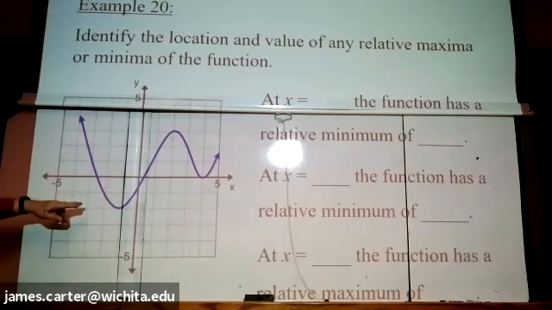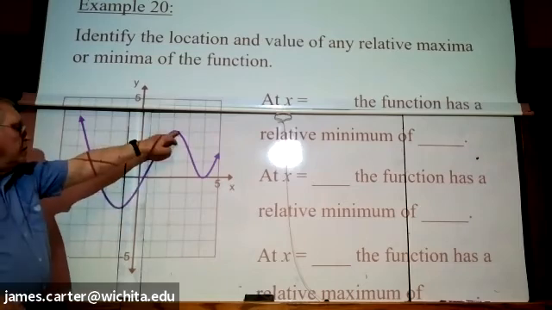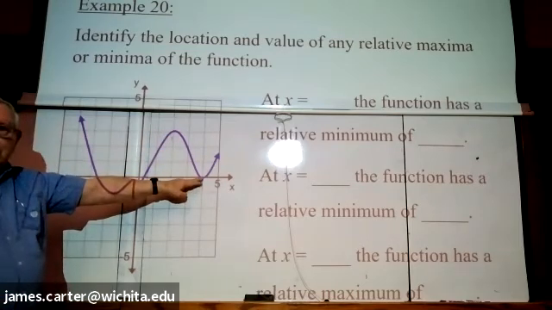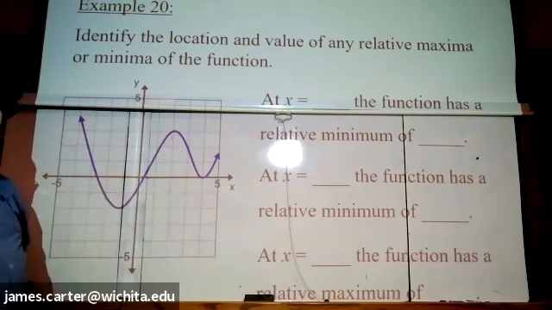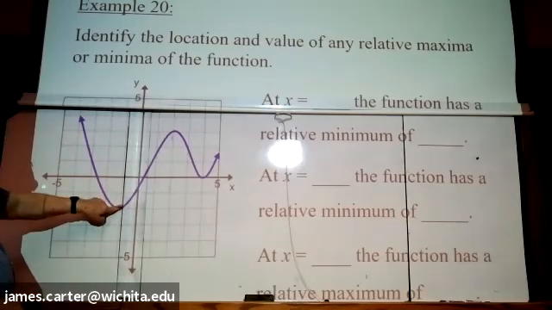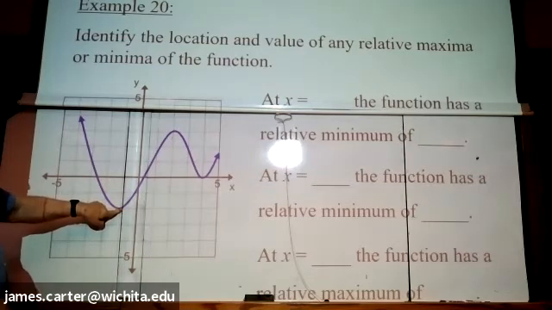Okay, we've got a relative minimum here, a relative maximum there, and a second relative minimum. You can have multiple relative minimums and maximums. Okay, so for this interval, where x equals -1, we have a relative minimum at y equals -2.